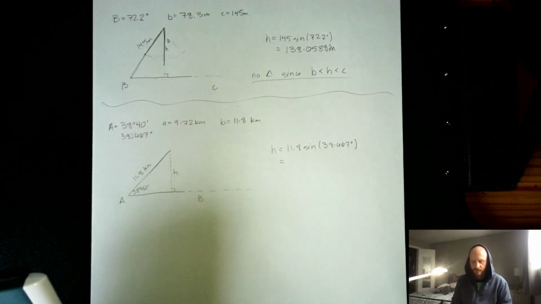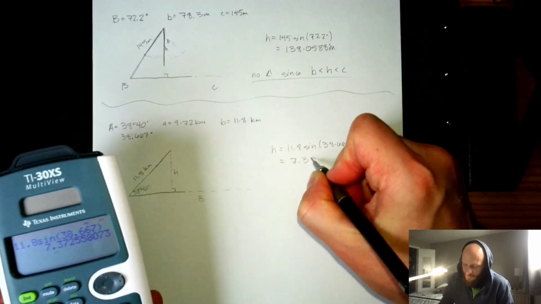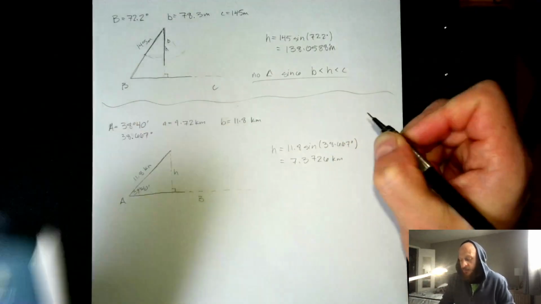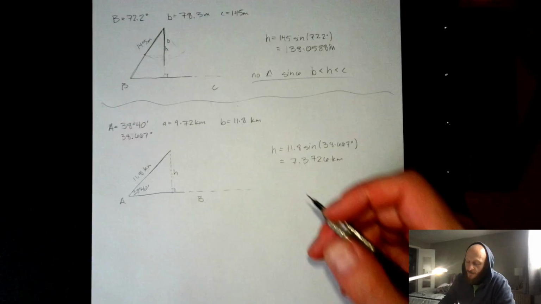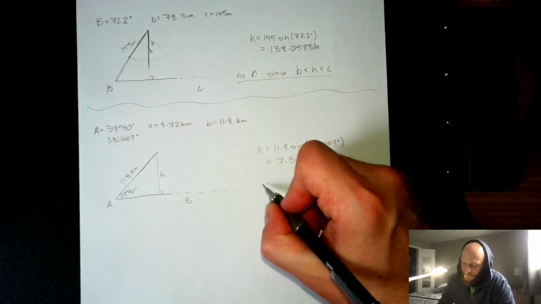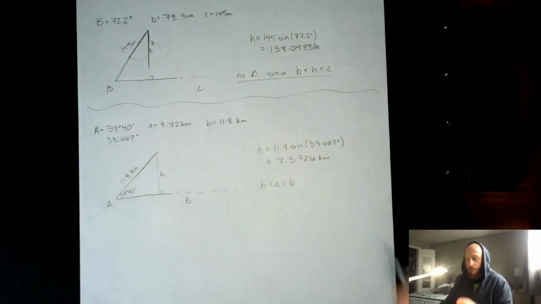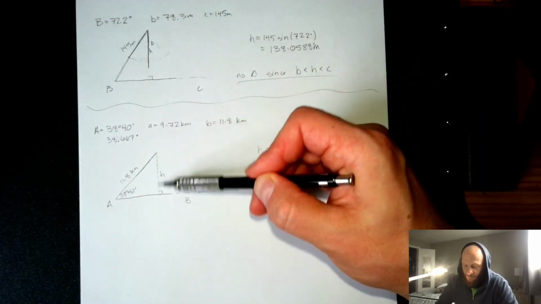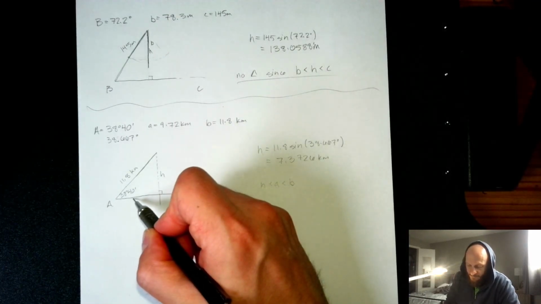H is 7.3726 kilometers, so it looks like there are two possible triangles, because we're in a situation where H is less than A is less than B. So if this thing right here is 7 kilometers, 9 kilometers must be about right here. Just eyeballing it, it would be a little bit like this.